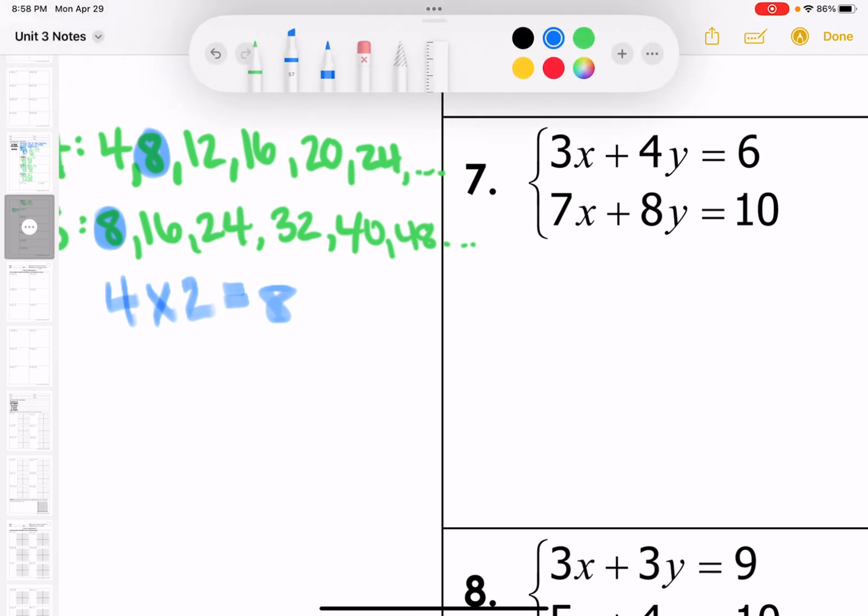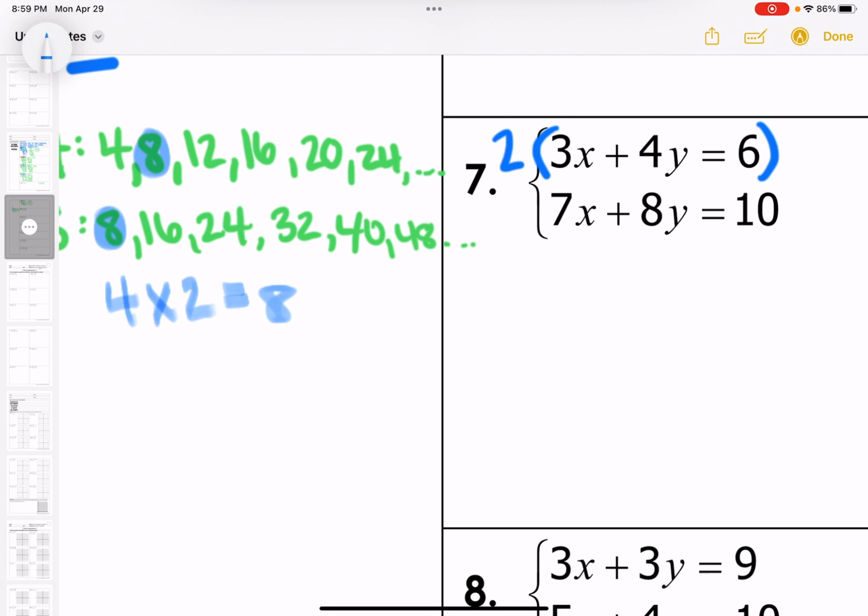So I'm going to take my top equation, and I'm going to multiply the whole thing by 2. So using the distributive property, I'm going to do 3x times 2, which is 6x, 2 times 4y, which is 8y, and 2 times 6, which is 12.